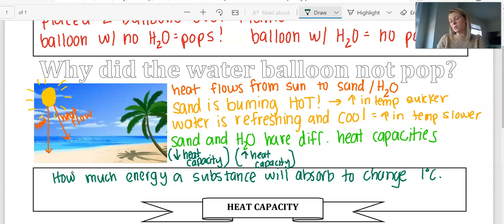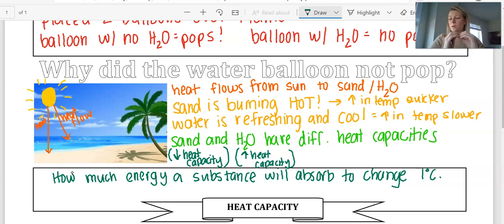It takes water much more energy to change 1 degree Celsius. So it's a little bit backwards to say that sand has low but gets much warmer, and water has high but doesn't warm up as quickly. I understand that, but hopefully once we start to add units into this problem, this will make a little more sense. Okay, however, we are not done there.